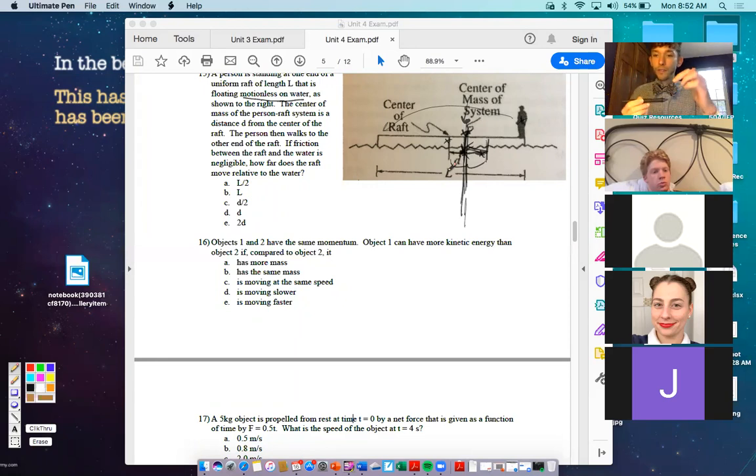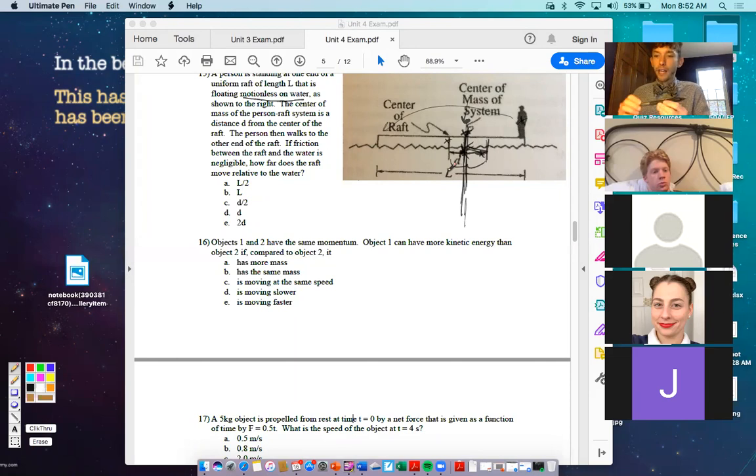Whenever the person ends up on this side of the raft, now most of the mass is on this side. So the raft is going to have to shift to the right to keep the center of mass located from an external point of view where it was before.